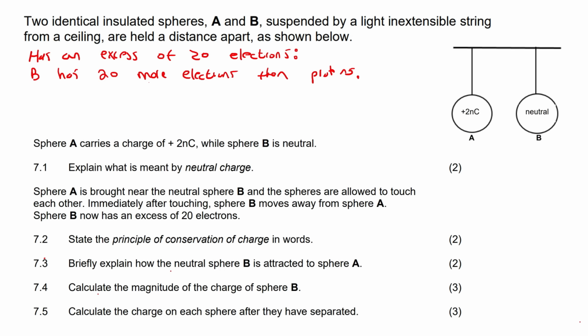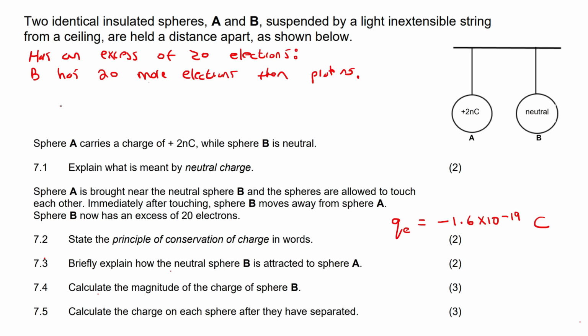So we could then work out its overall charge, because we know that the charge of an electron is negative 1.6 times 10 to the negative 19 coulombs. That is given to you on the formula sheet.